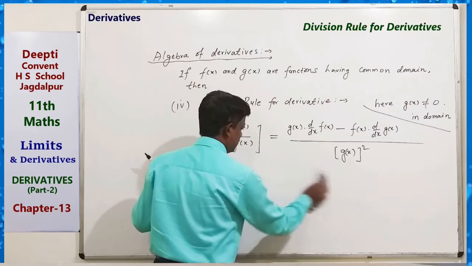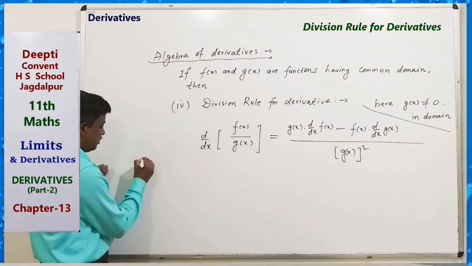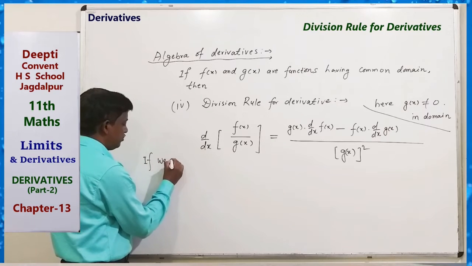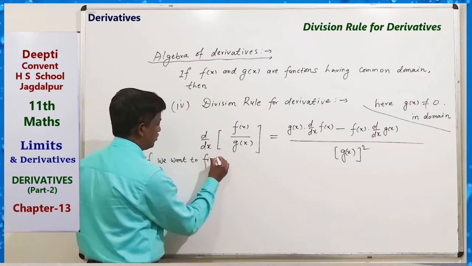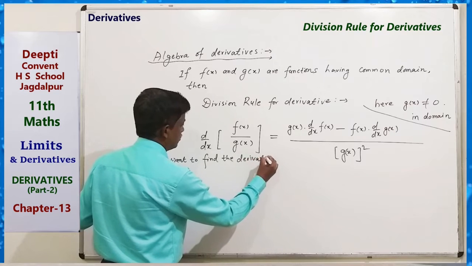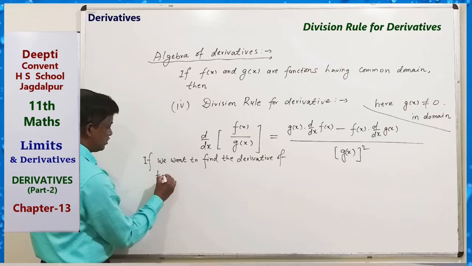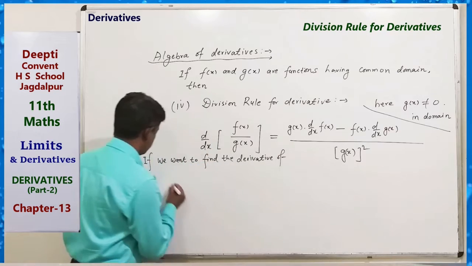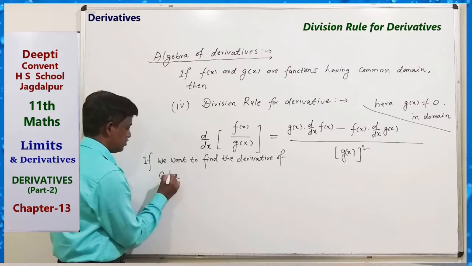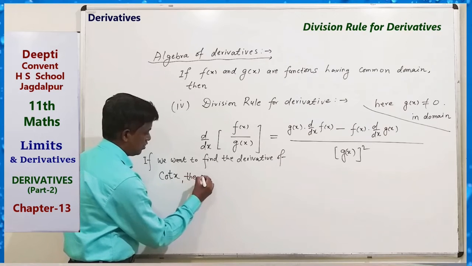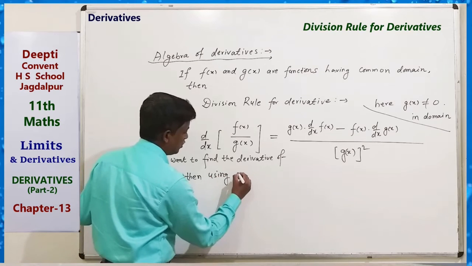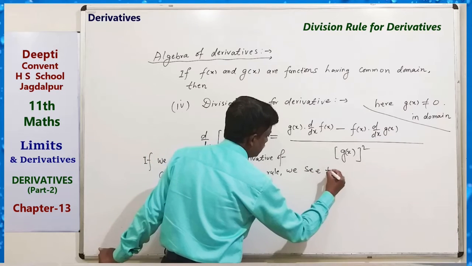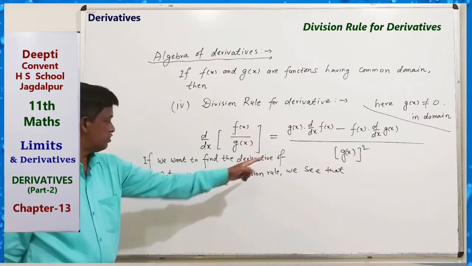See, if we want to find the derivative of cot x, then using the division rule we see that we want to find the derivative of cot x.